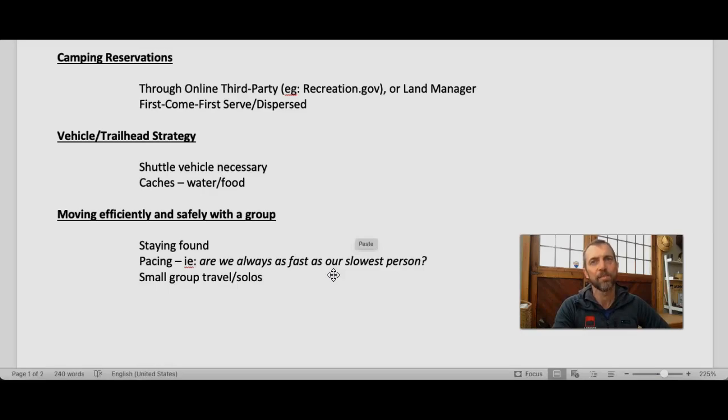Sometimes the land manager's website, whether it's Forest Service or BLM, will have links to concessioners like recreation.gov that handle their reservations. But it really pays to be on the ball. And again, going back to our dream state and our trip planning, as soon as you catch an inkling that you might be running a trip in a particular area and might need a campsite, that's going to be number one. Go reserve that. You can get a refund.